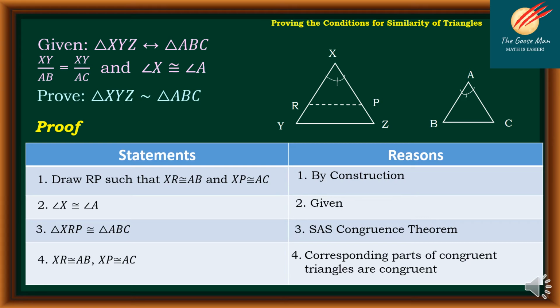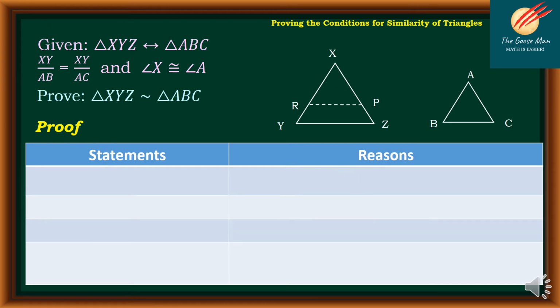For statement number 5, we have the ratio of XY over AB is the same as the ratio of XZ over AC because that is the given. And number 6, XY over XR is equal to XZ over XP by substitution.